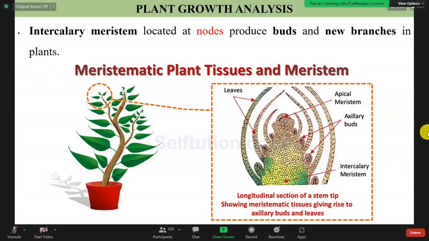The intercalary meristem is located in the nodes, and it is able to produce buds and new branches in the plants, because we are talking about the meristem that is growing. So how is it growing? The intercalary meristem in the nodes produces the buds and new branches.